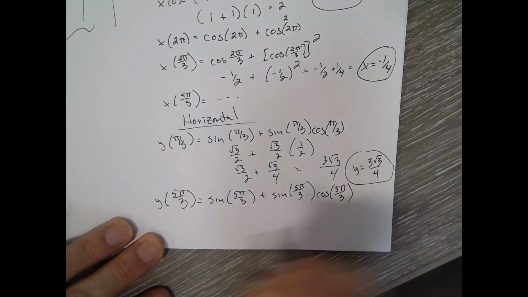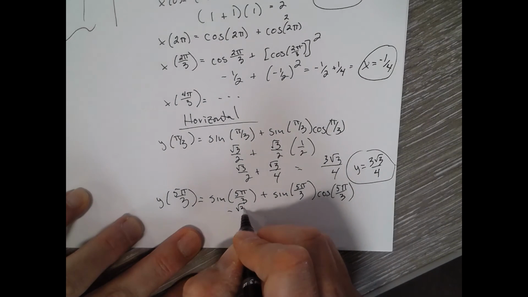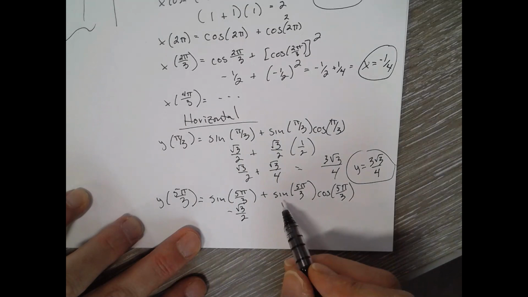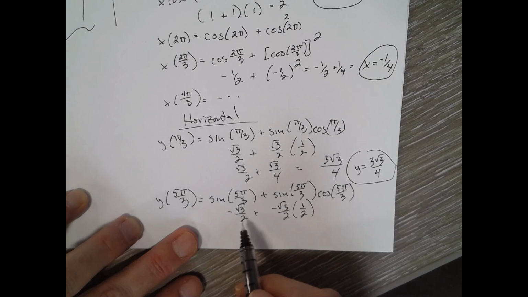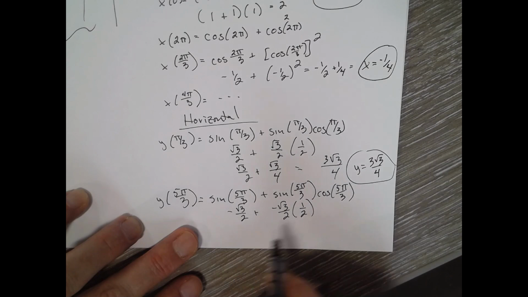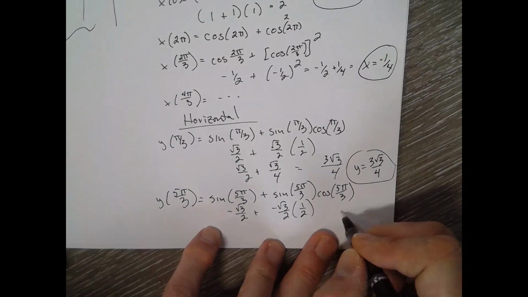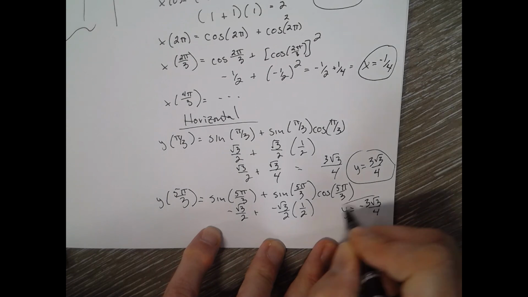So the sine of 5 pi over 3 is negative square root of 3 over 2 plus negative square root of 3 over 2 times the cosine, which is 1/2. Negative square root of 3 over 2 minus square root of 3 over 4. It's the same magnitude, it's just negative, so y equals negative 3 square root of 3 over 4.